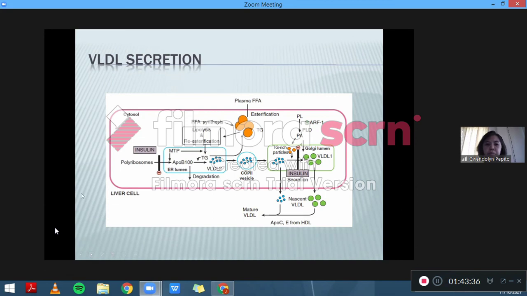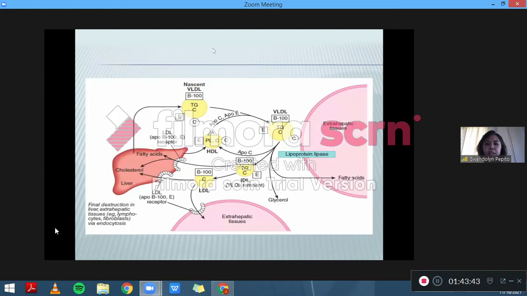This is the transport from the production of your VLDL in the liver, and then it becomes a mature VLDL in the extrahepatic tissues, where your lipoprotein lipase is present in the endothelium. It breaks down your triacylglycerol to glycerol and fatty acids, where the fatty acids are used by your tissues.